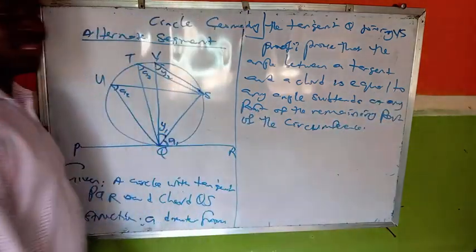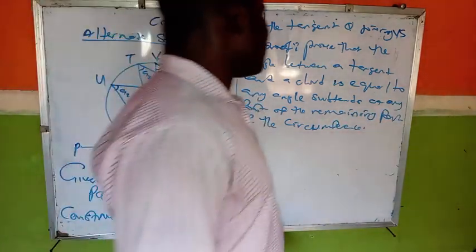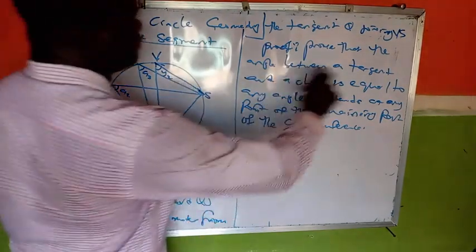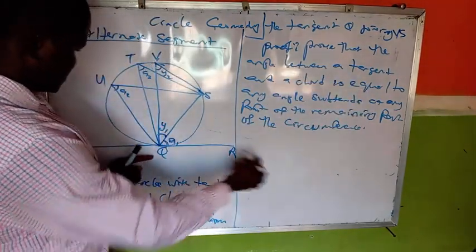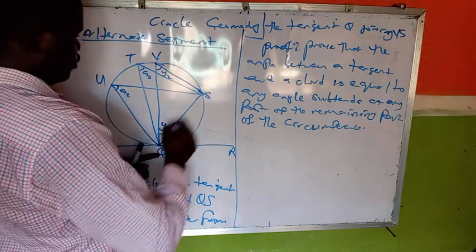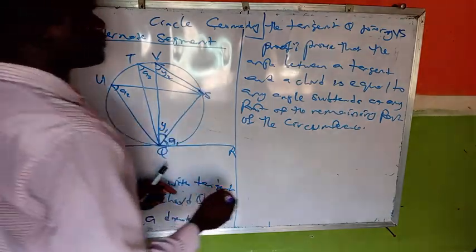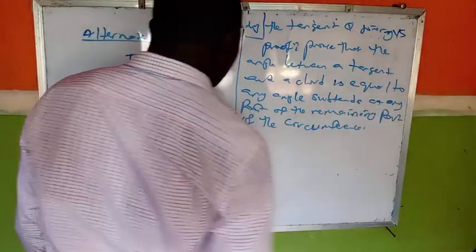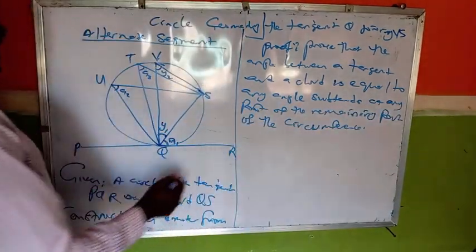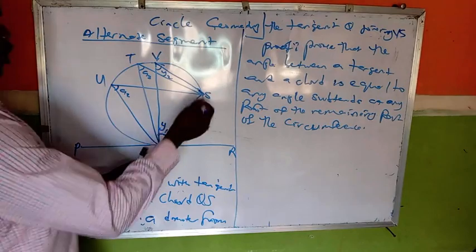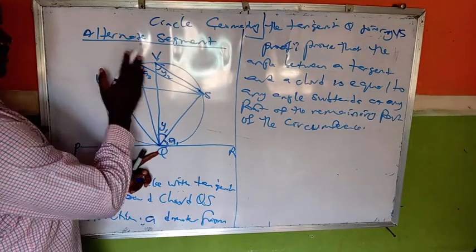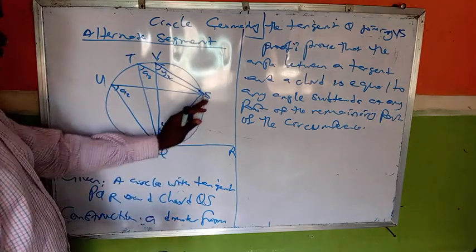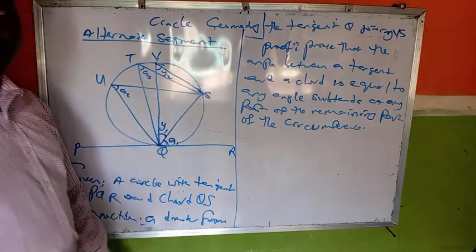So this is what we have to prove: the angle between a tangent and a chord, this is a chord, is equal to any angle subtended at any part of the remaining part of the circumference. This is the remaining part of the circumference, the minor segment and major segment.